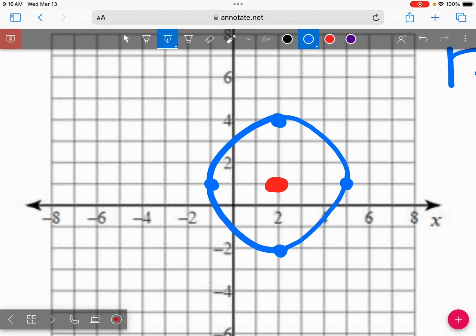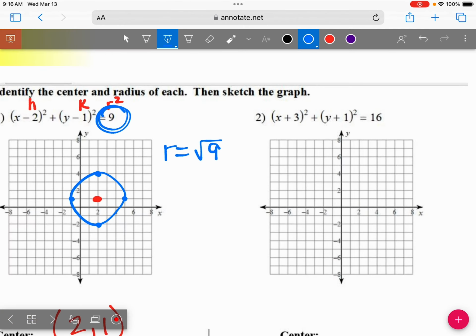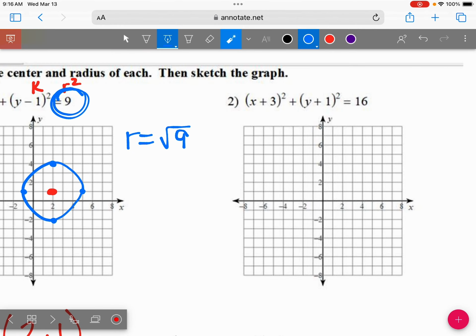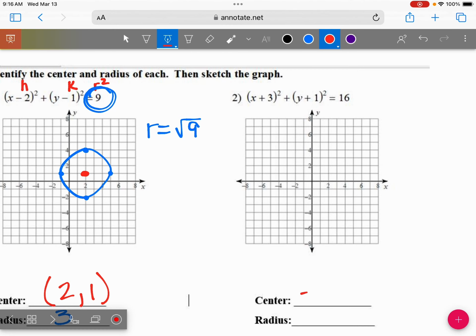The hardest part is figuring out where is the center, what's the radius. So let's look at this next one here. What would be my center? Remember, it's the opposite. So it's not +3, it would be what? -3. And it would be -1.